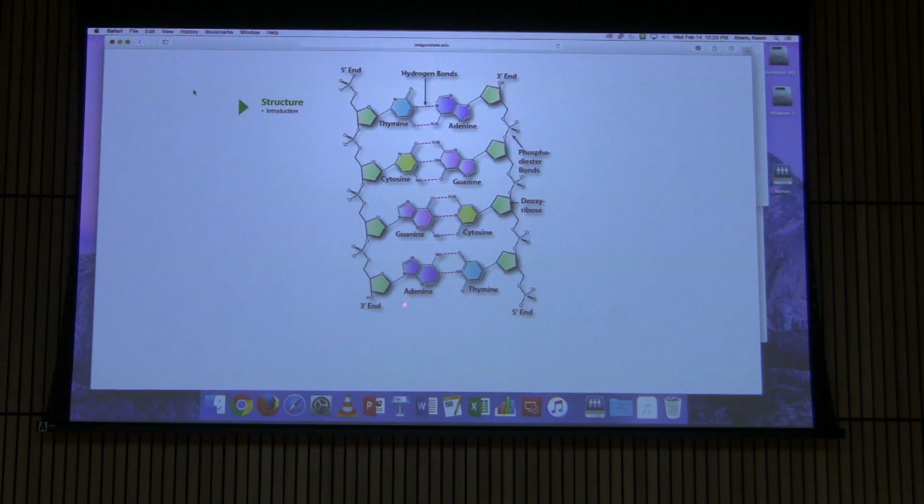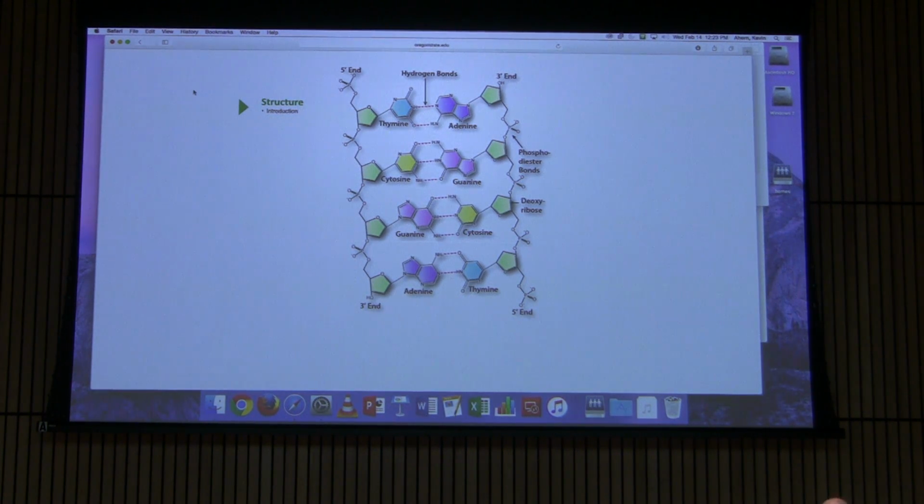AT base pairs, adenine and thymine, have 2 hydrogen bonds that hold them together. GC base pairs have 3 hydrogen bonds that hold them together. That means that if you're trying to break them apart, it takes more energy to break apart GC base pairs than it does AT base pairs.